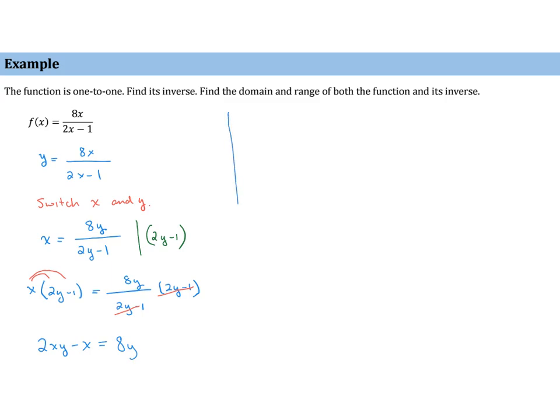Now, we're solving for y, so we need to get y on one side. So let's subtract 2xy from both sides. So we get negative x equals 8y minus 2xy. Now we have two terms on the right that have y. Let's factor out the y.